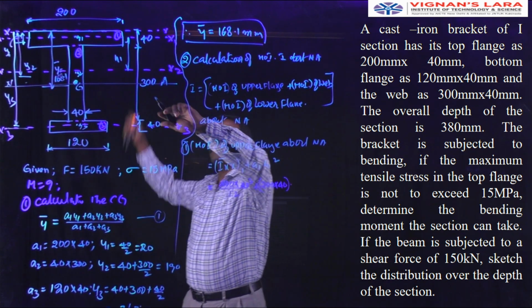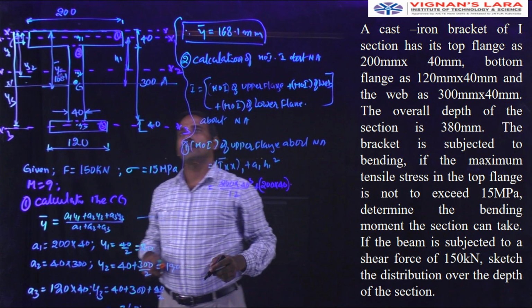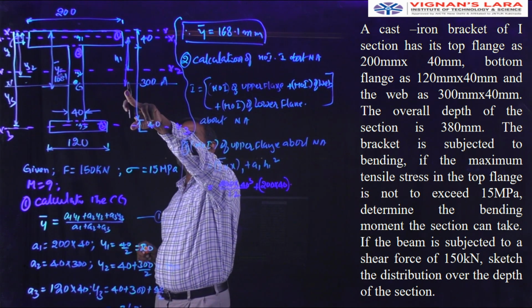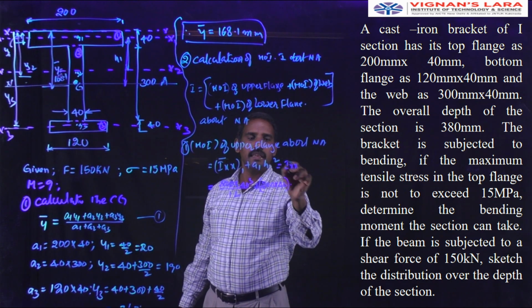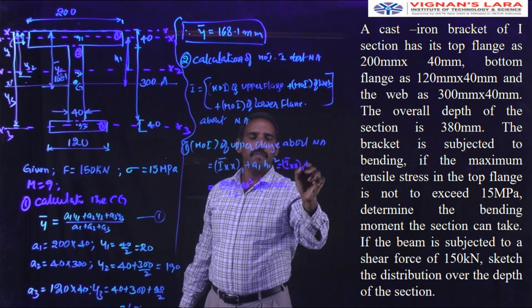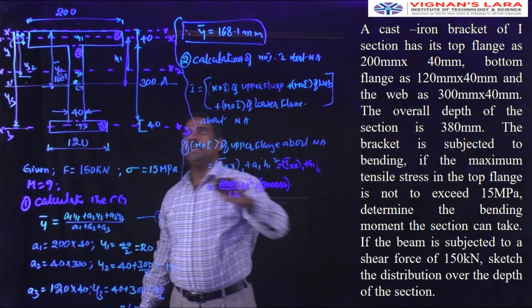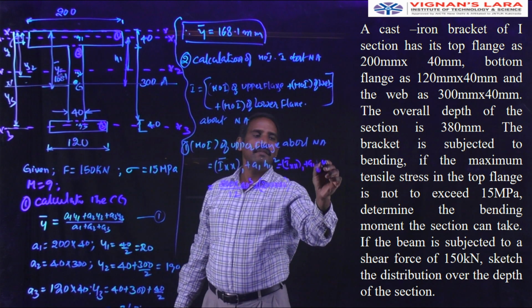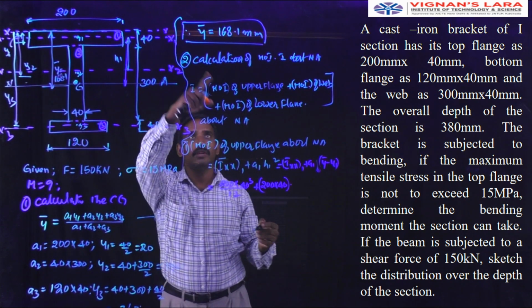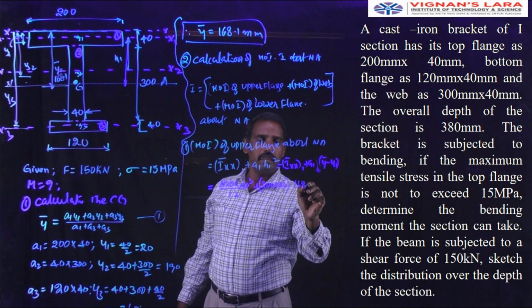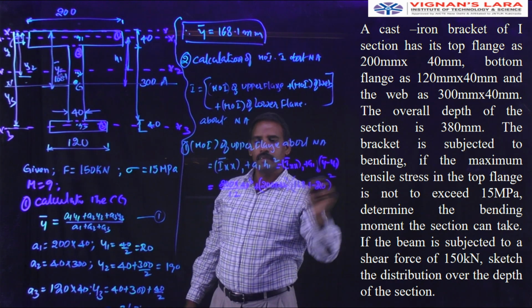We know the centroidal distance: h1 is y bar minus y1. Y bar is already calculated, so it is 168.1 minus 20, whole squared.